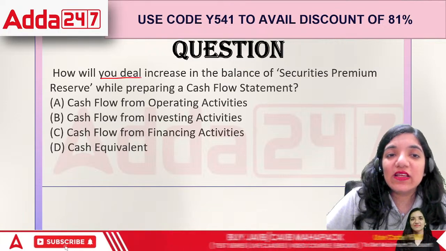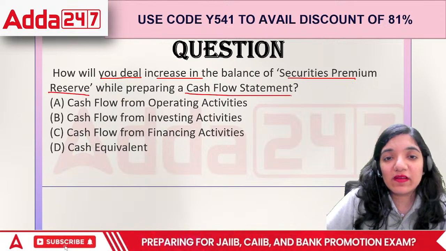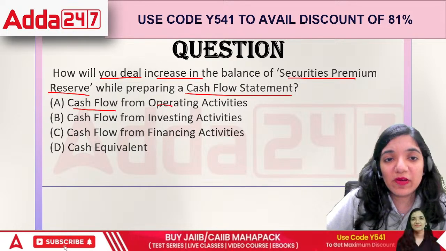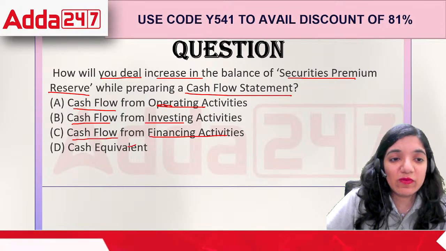How will you deal with an increase in the balance of securities premium reserve while preparing the cash flow statement? Is it cash flow from operating activity, cash flow from investing, cash flow from financing, or cash equivalent?